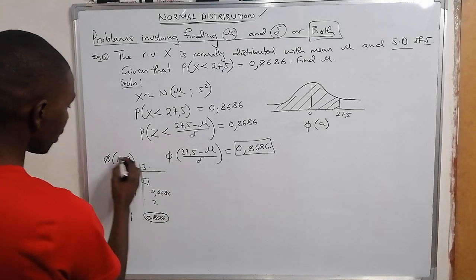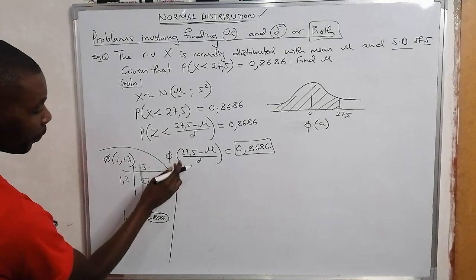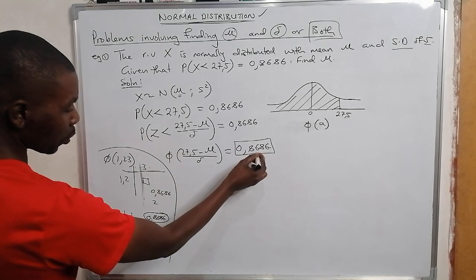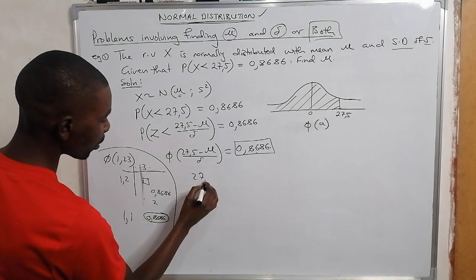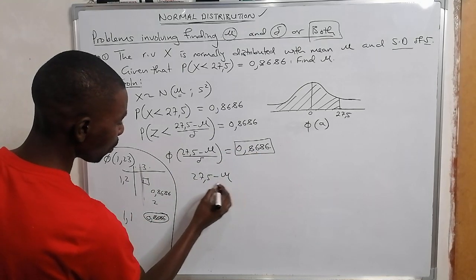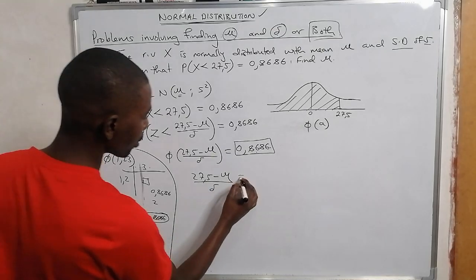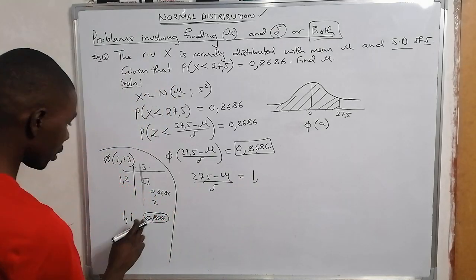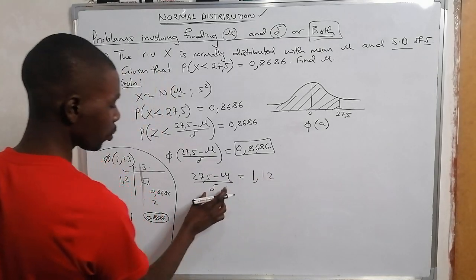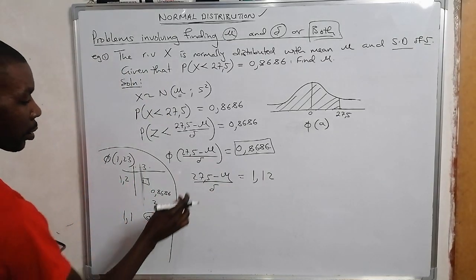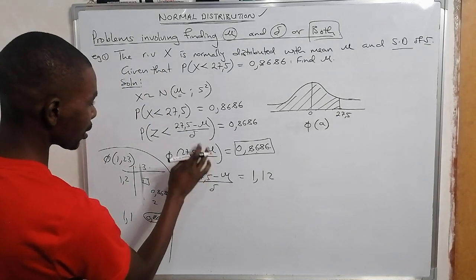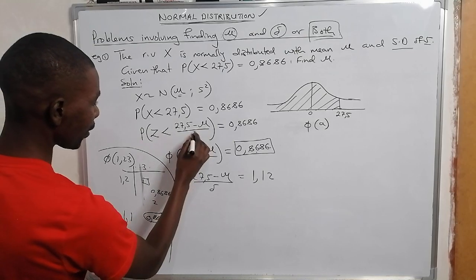So in this case, 27.5 minus mu all over sigma is equal to 1.12. Then we solve, and our sigma in this case is 5.